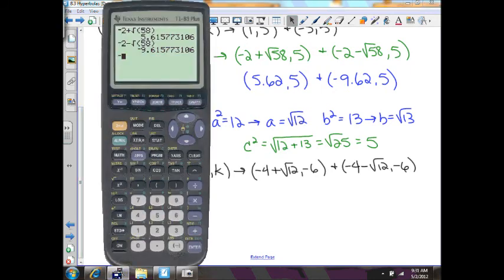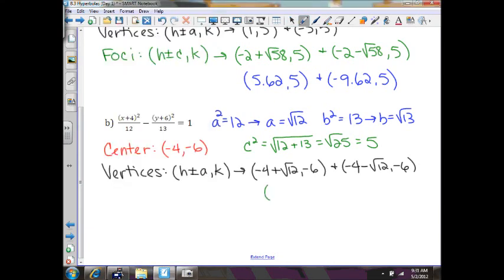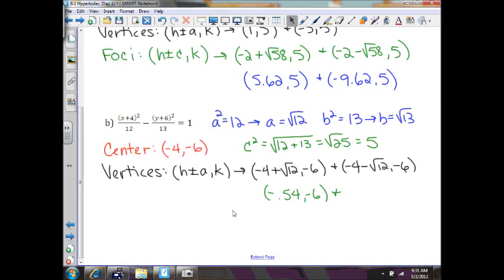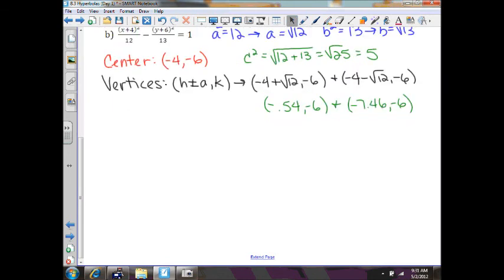Put that in our calculator. We'll have negative 0.54 and also negative 7.46. So there are your vertices.